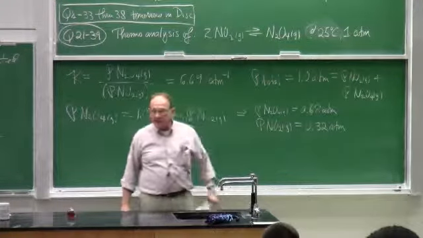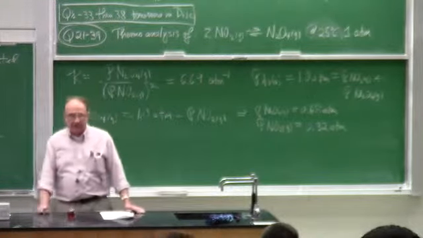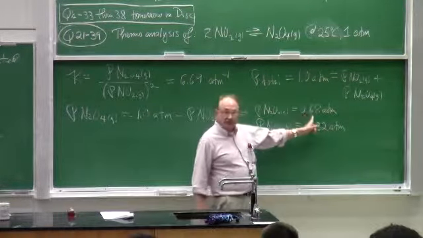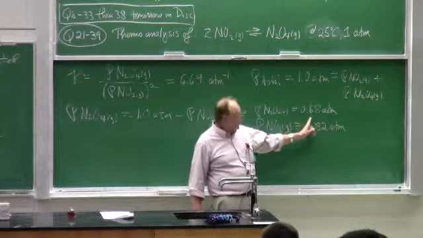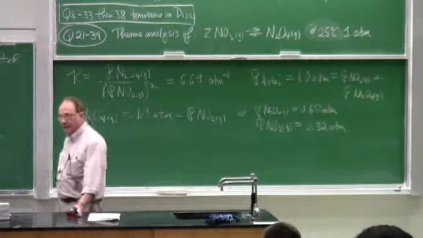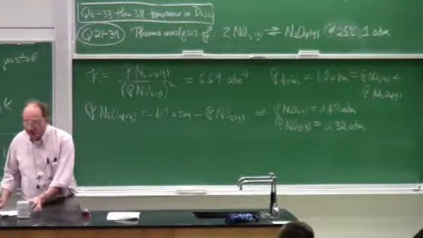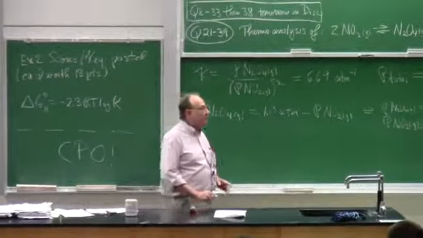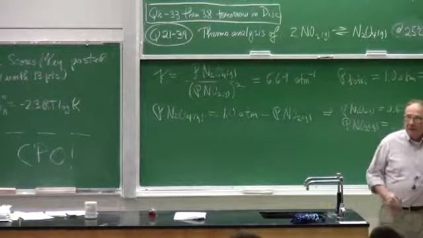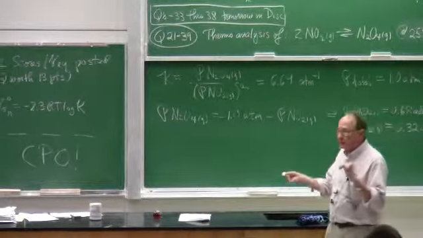Then PNO2 gas must be 0.32 atmospheres, because I just take 1.0 atmospheres total pressure, subtract this from 1.0 atmospheres, and that's it. All right? We now got the partial pressures, but I want composition. Composition means at equilibrium. What will be the mole ratio of these gases to each other?